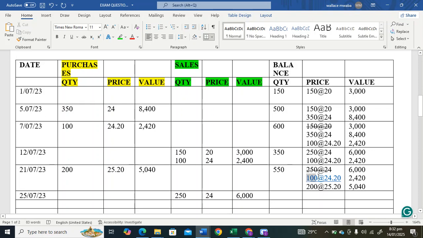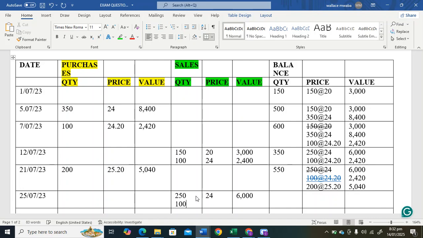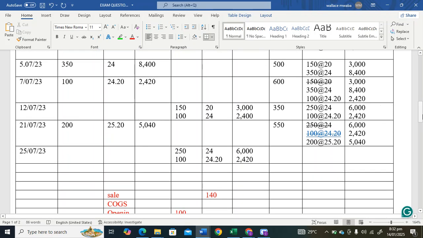The remaining 100 goods we get from this batch here. So we'll say 100 goods at 24 kwacha 20 ngwe, 2,420 kwacha.